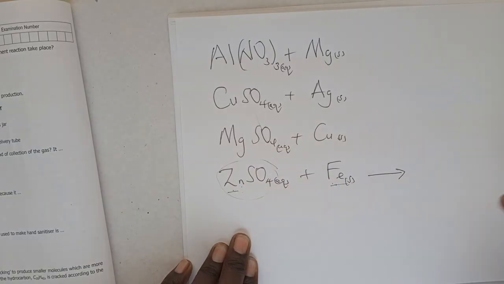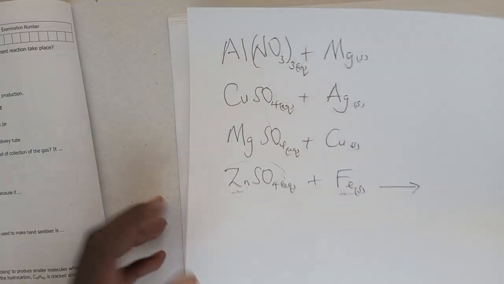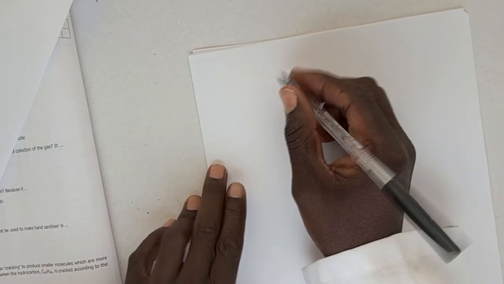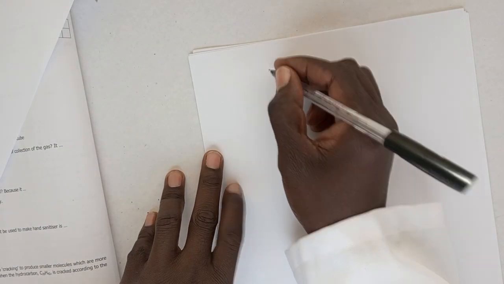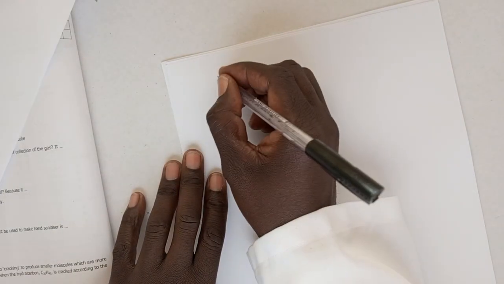But that again takes us back to the reactivity series of metals. We need to know the reactivity series of metals. How is the reactivity series of metals? So, the most reactive metal, as things stand in our syllabus, is potassium.